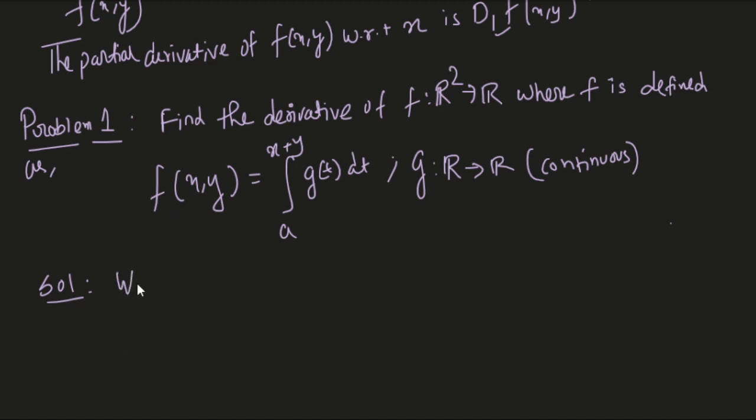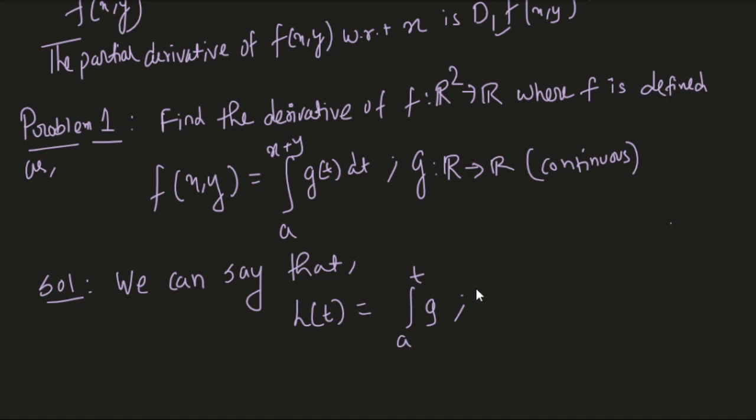We can say that h of t is the integral from a to t of g, and we don't really need to understand how the x plus y function works, because h would be the first function and then would come x plus y.